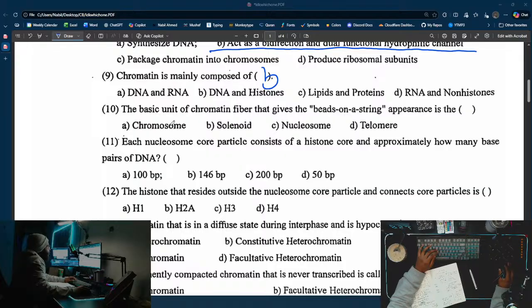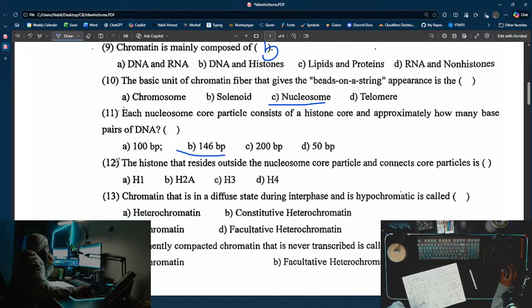So, the basic unit of chromatin fiber, is it chromosome, or is it nucleosome? Okay. Each nucleosome core particle consists of a histone core wrapped by approximately 146 base pairs. The histone that resides outside is H1.